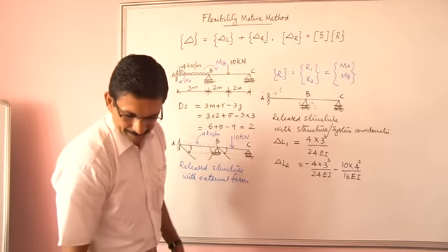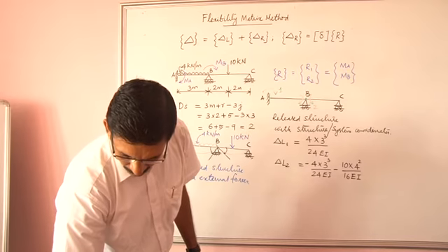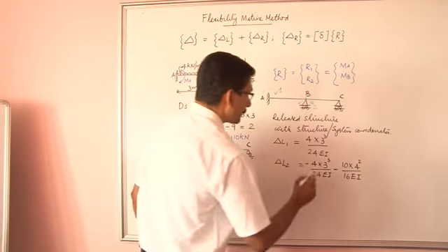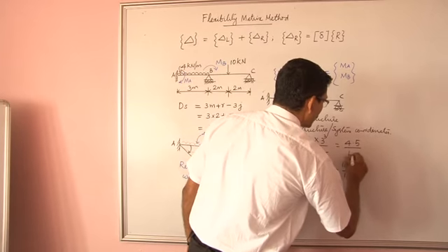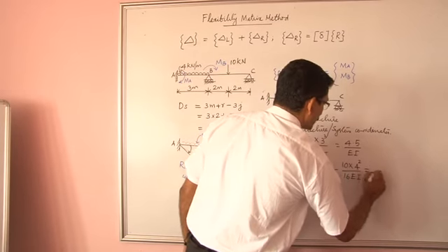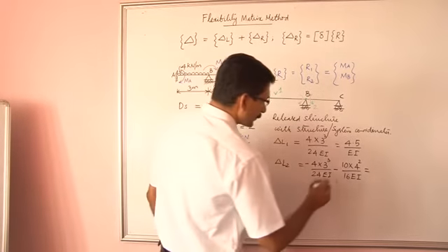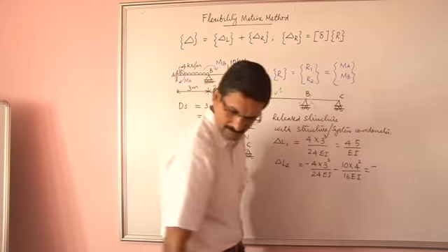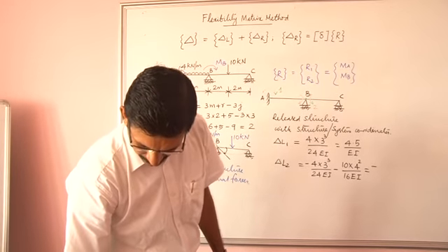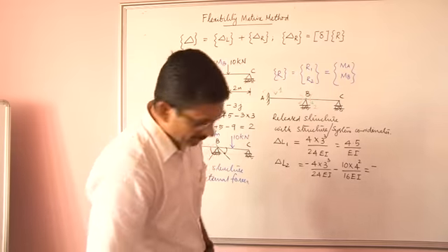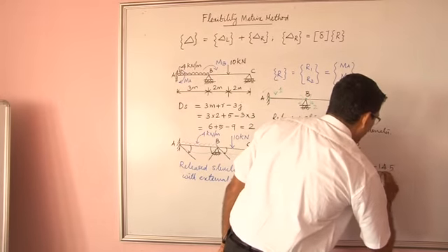The numbers are 4.5 divided by EI, and this is minus 14.5 divided by EI.